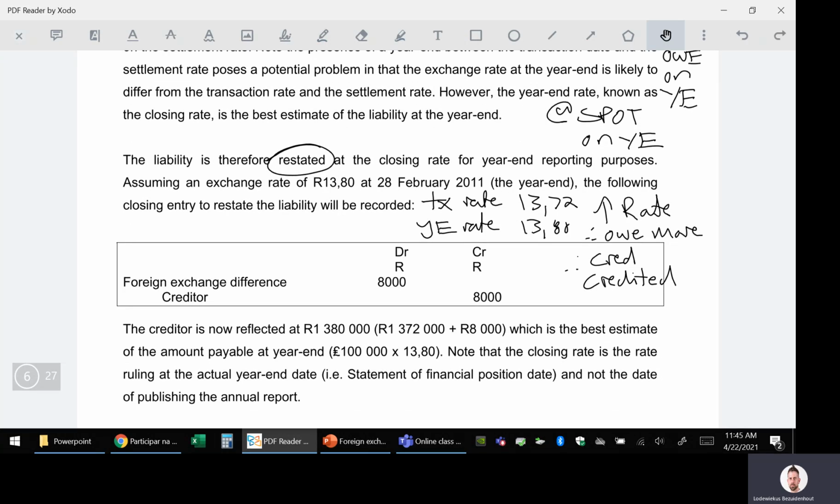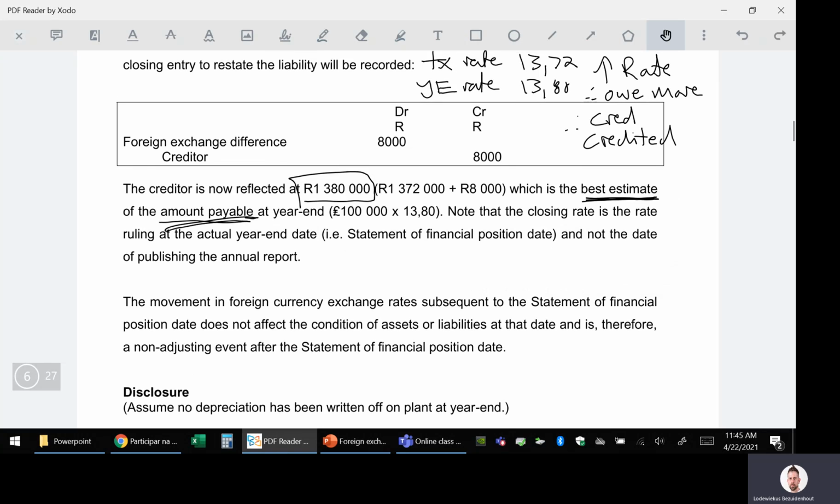So now the creditor is reflected as 1380, and that is the year end balance, taking the amount that we still owe on year end at the spot rate on year end. So that's the best estimate to show in your financial statements about the amount payable on year end by using the closing rate of the actual year end date.